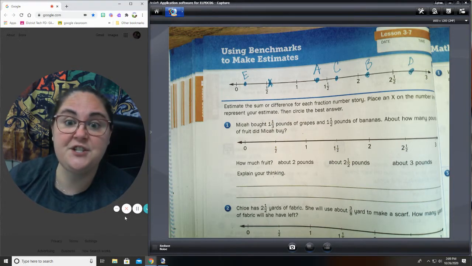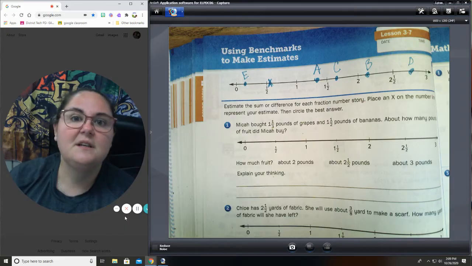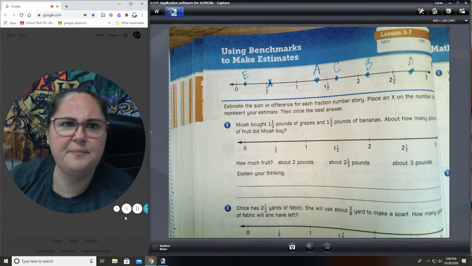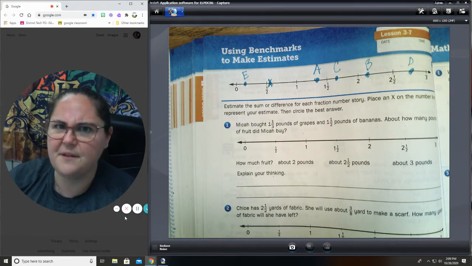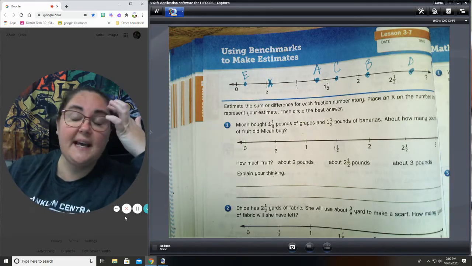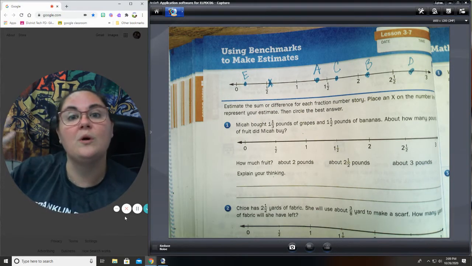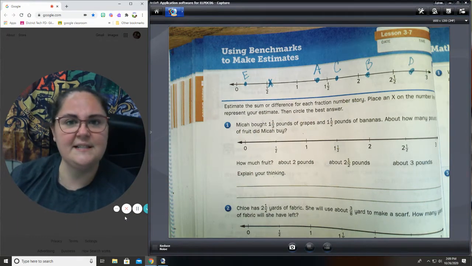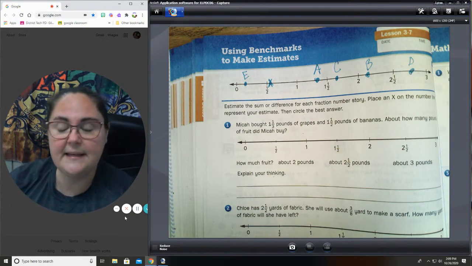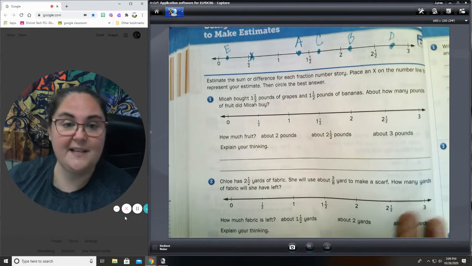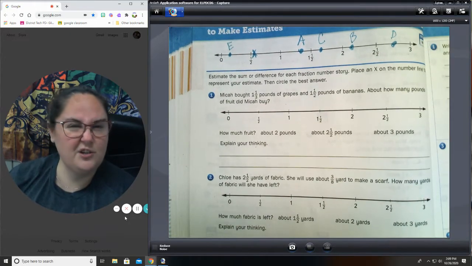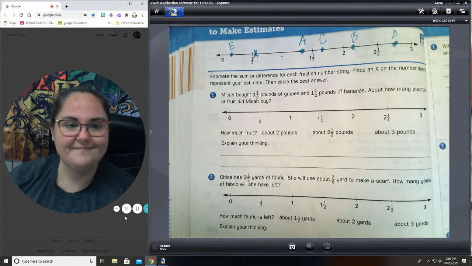If I said she had 2.5 feet left, you would also know that I'm wrong because she already used 2 out of the 3. So using estimates is going to help you because it's going to help you figure out if your answer is reasonable or not. This goes along with our lessons that we've learned already earlier this week, making sure that your answers make sense with the question that's being asked, making sure that they're reasonable.